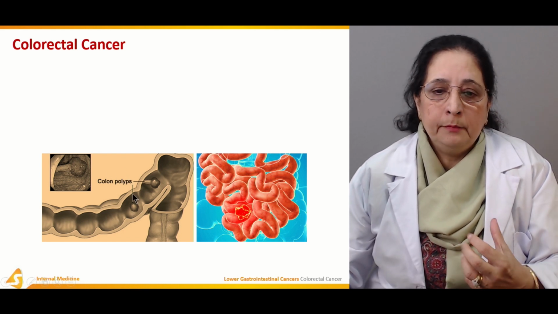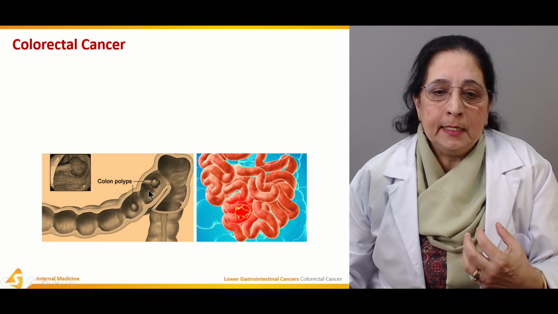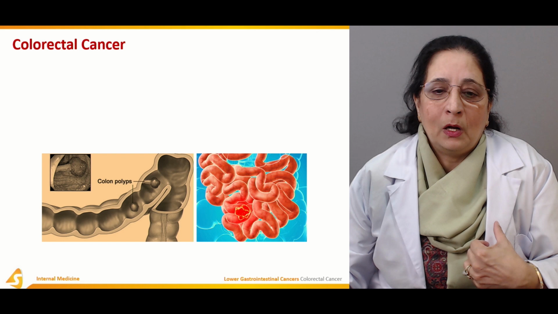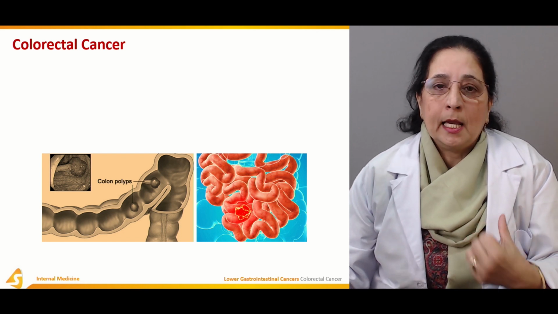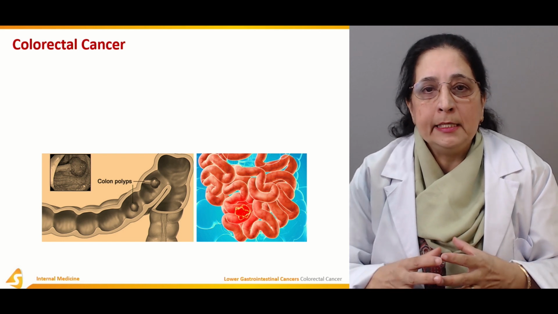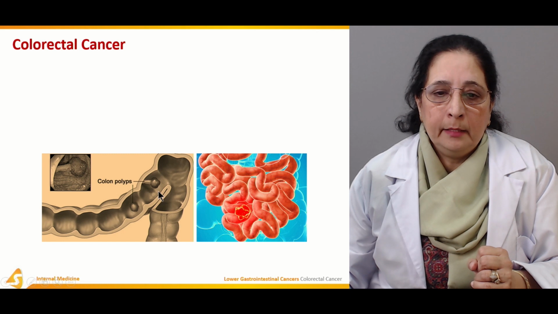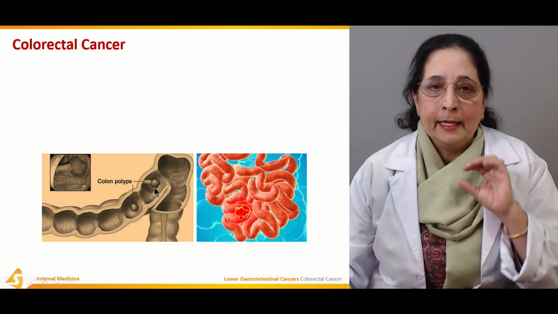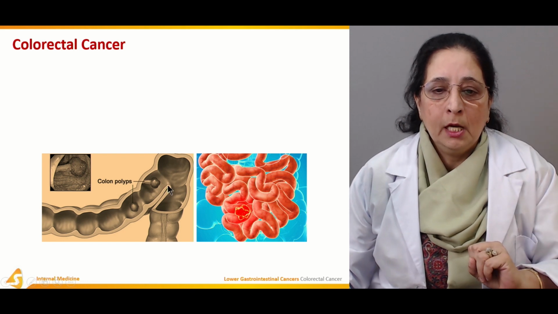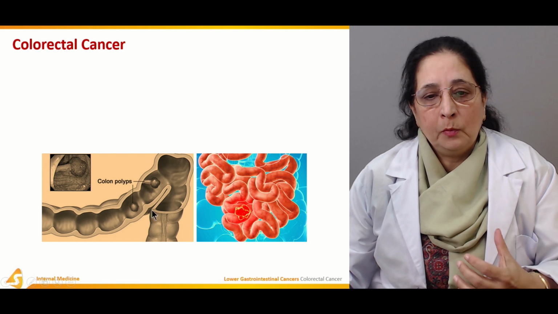Polyps are mucosal growths, and polyps can be sessile polyps, or they can be pedunculated polyps. Sessile polyps do not have any stalk or attachment. Here, if you see, these are the pedunculated polyps. They have a stalk that attaches them to the lining of the colon. So these are the colon polyps.